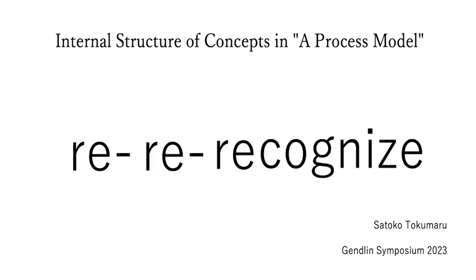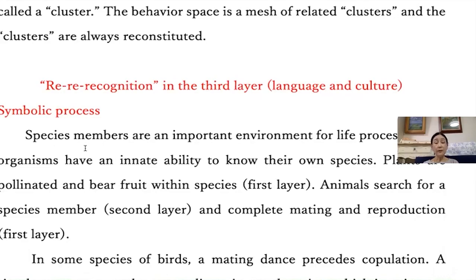Okay, let's move on to the third layer, recognition in the third layer, language and culture. Symbolic process. Species members are an important environment for life processes, and organisms have an innate ability to know their own species.